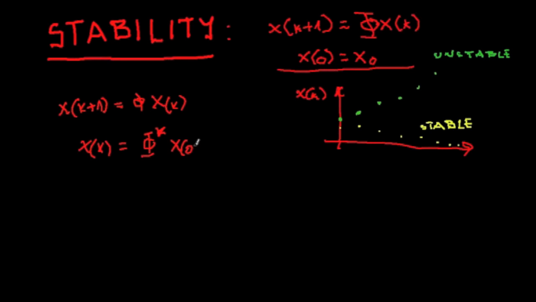So this is the solution of the above equation. But how do we calculate this phi to the power k? Because we know that phi is a matrix, and then we will have a matrix multiplication of the kth order. So as k goes to infinity, we have to conclude what happens with x(k).